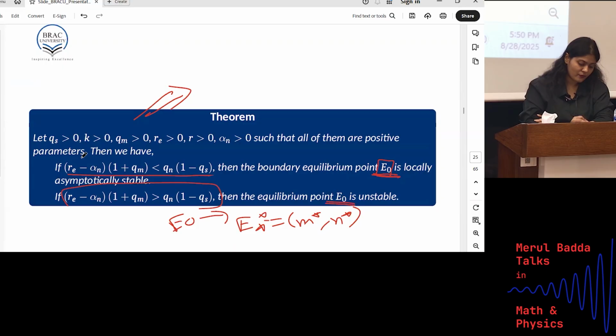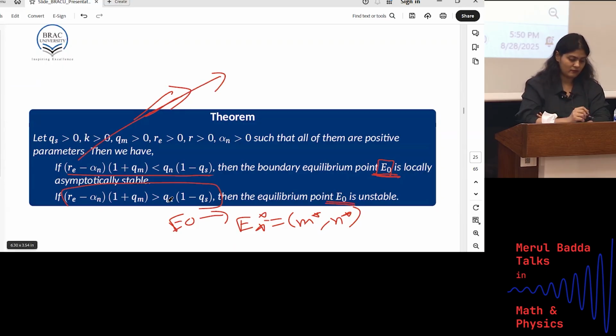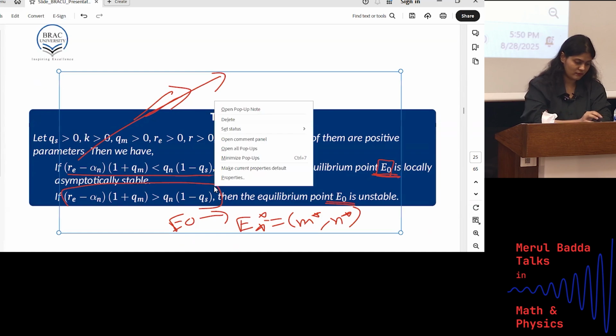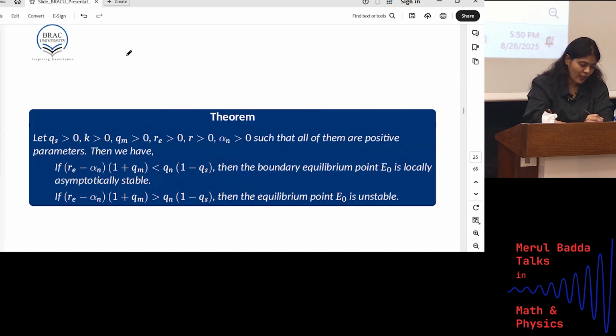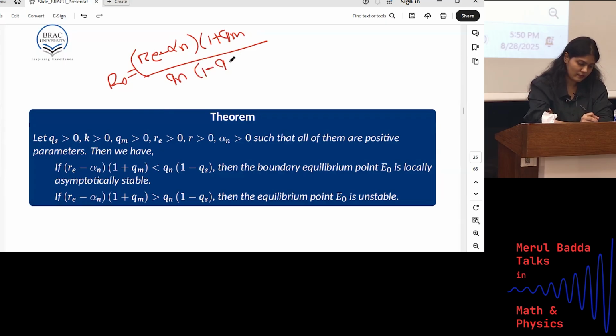Previously we wrote this condition, and we know this is our basic reproduction number.